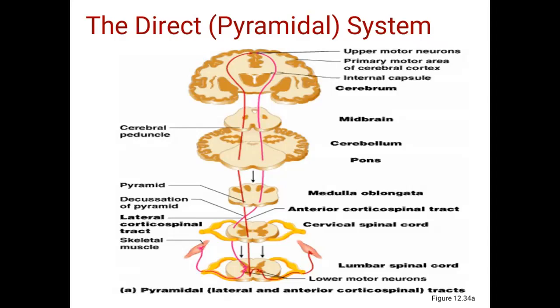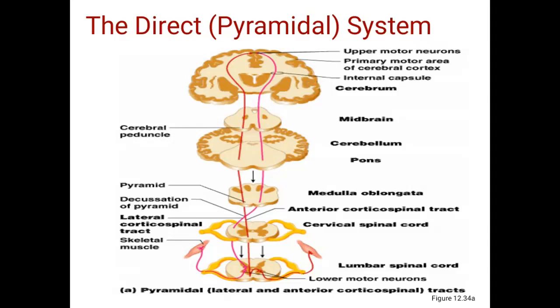What will happen after the medulla? In the lower part of the medulla, 80 to 85% of fibers cross to the opposite side and enter the lateral white column and descend as the lateral corticospinal tract or crossed pyramidal tract.